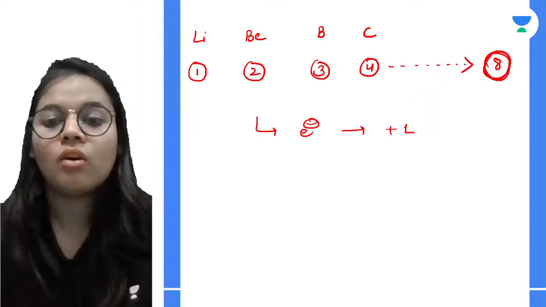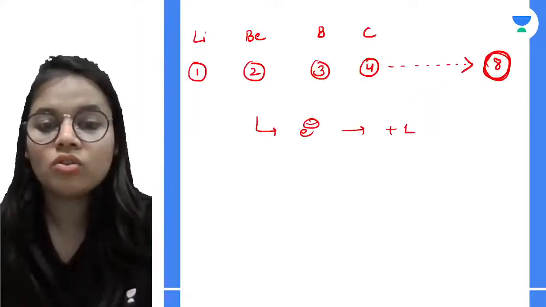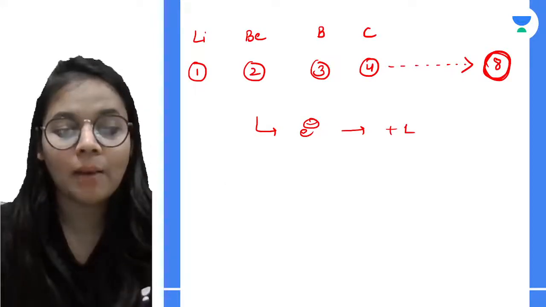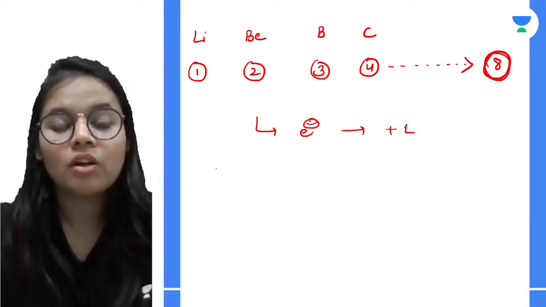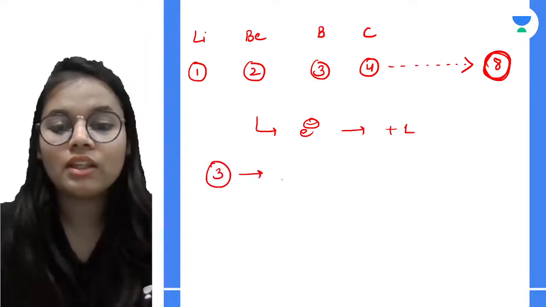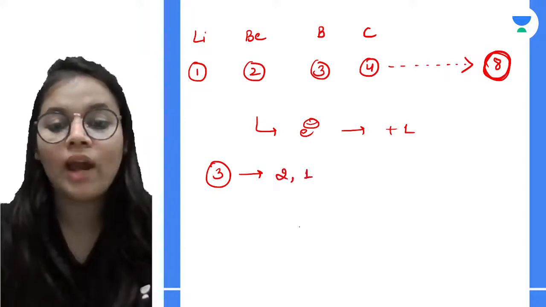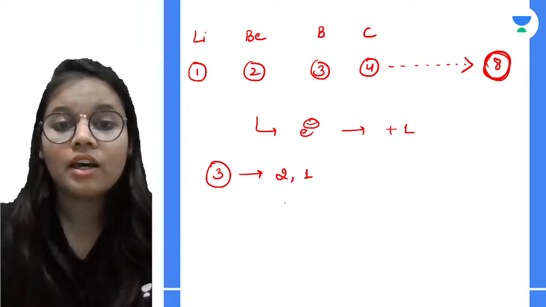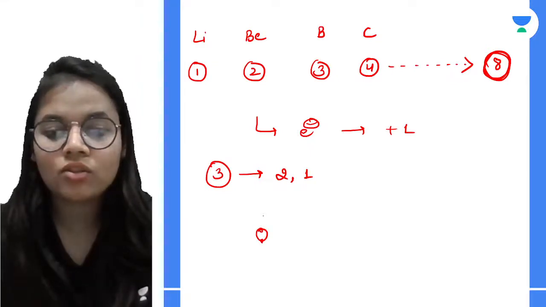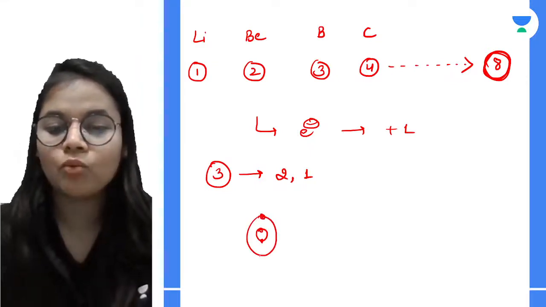Now the next thing we need to see is how it is happening. If I talk about lithium, what is the atomic number? 3. So the configuration will be 2 and 1. In the first shell it will have 2 electrons, and in the second shell 1 electron.